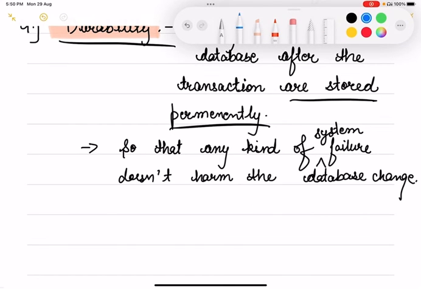Now what we will say about these properties is, all in all, ACID properties are to ensure that the database is consistent and correct.